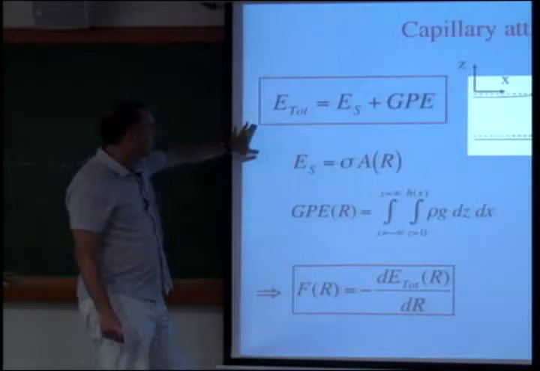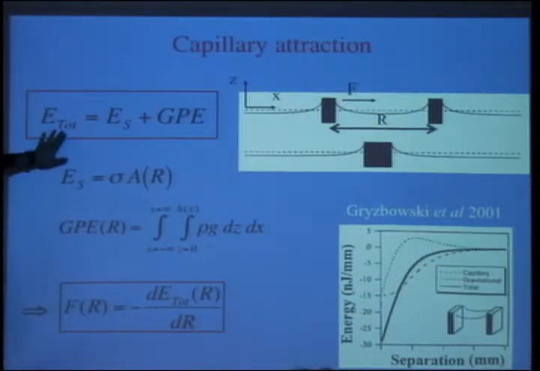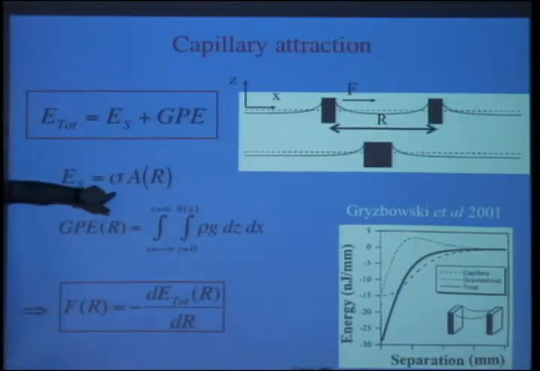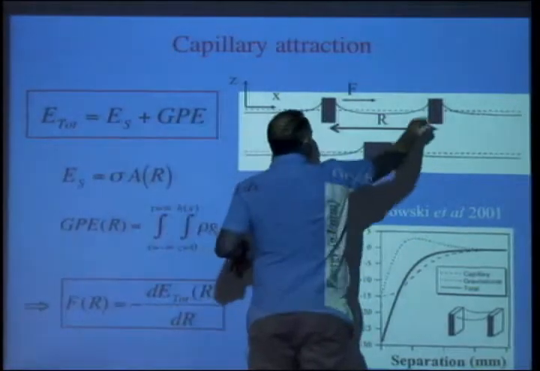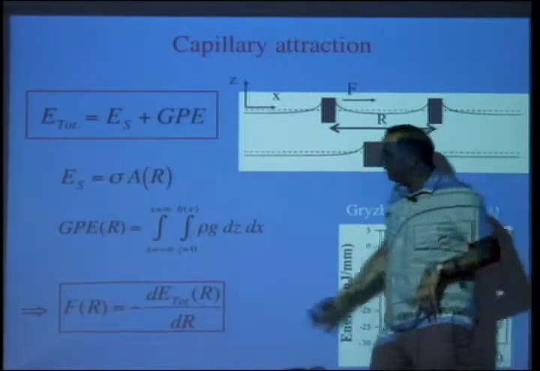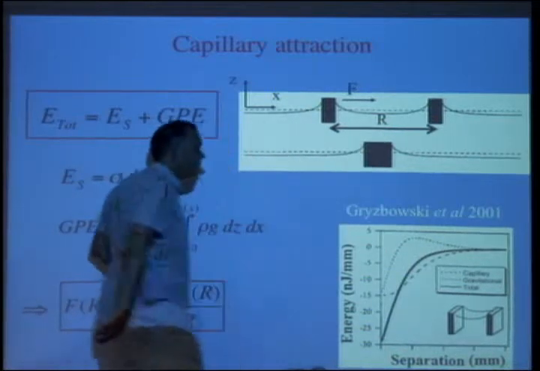Okay, so again, in terms of how you formulate it, you have to minimize the total energy of the system. So you write down the energy functional, which has a surface energy component, which is simply the surface tension times the area. That's the surface area, and that's going to explicitly depend on R. And then there's the gravitational potential energy, which has to do with how much fluid is displaced vertically.